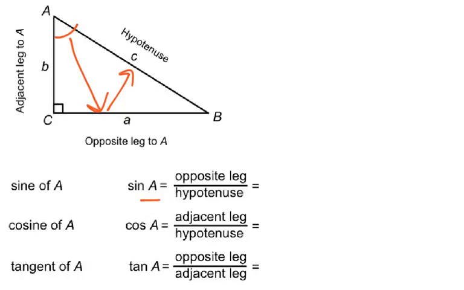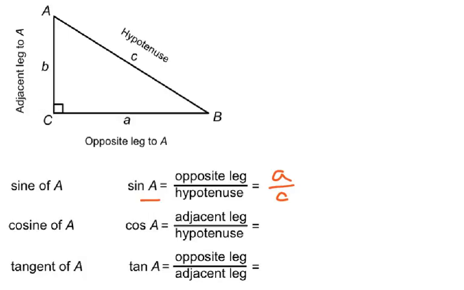In this case, it would be little a over c. And that's why we can only use this in a right triangle, because it's opposite leg over hypotenuse, and by definition, the hypotenuse is the side opposite a right angle in a right triangle.